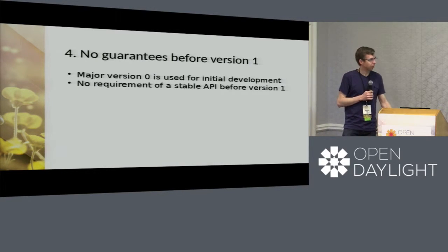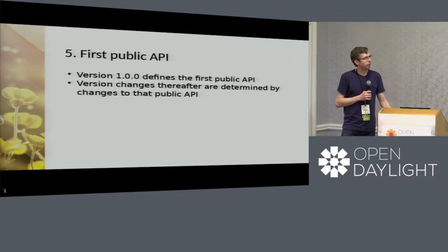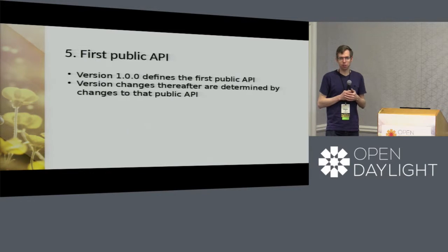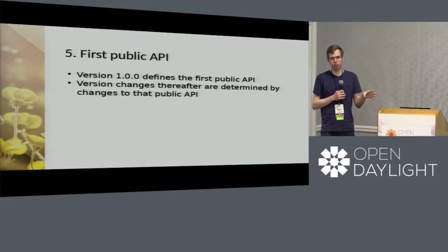Point 5 is, as a consequence of that, version 1.0.0 defines your first public API. If you're starting a new project, it's fairly important to get that reasonably right, because once you've started that, it's going to constrain things for the future.